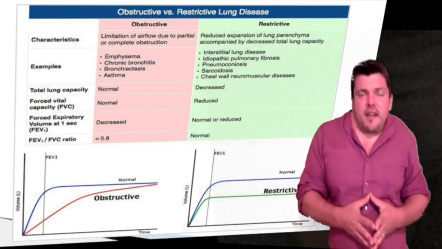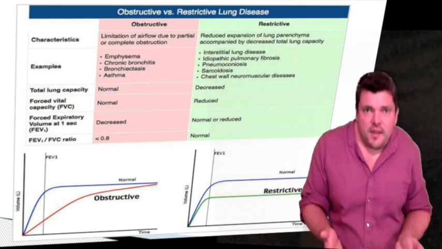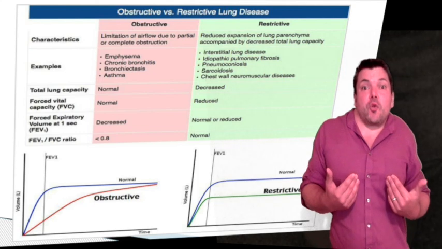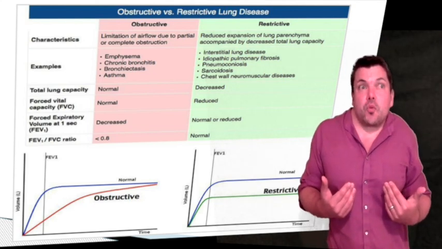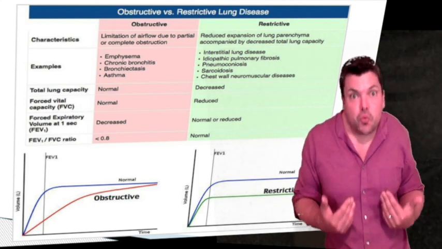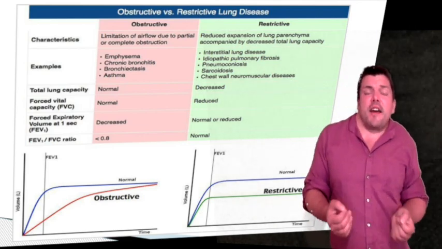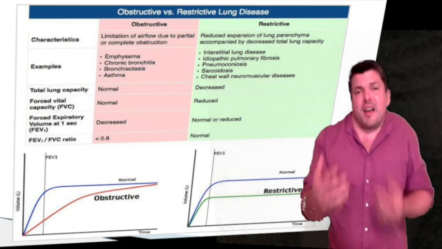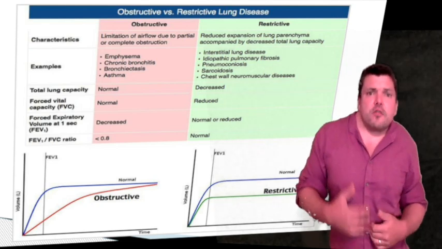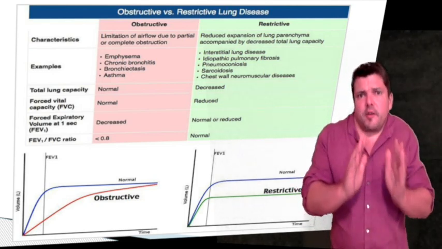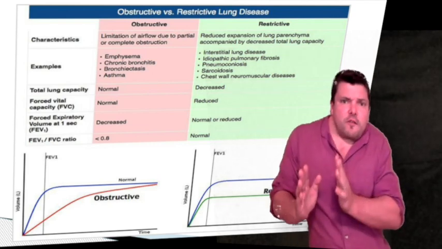In COPD, the inhalation goes like this, and the exhalation goes like this. If you want to mimic that at home, try exhaling through a straw and see how much longer it takes you to exhale.